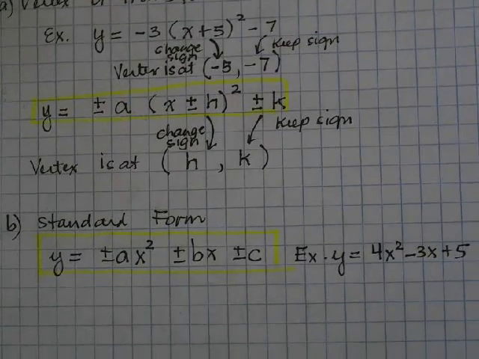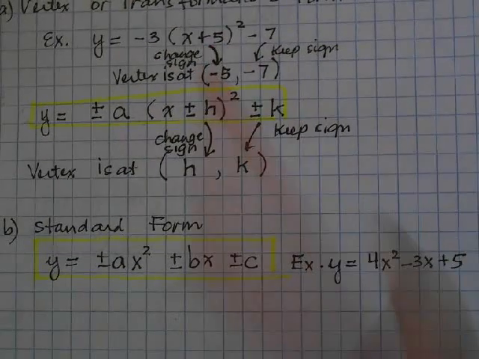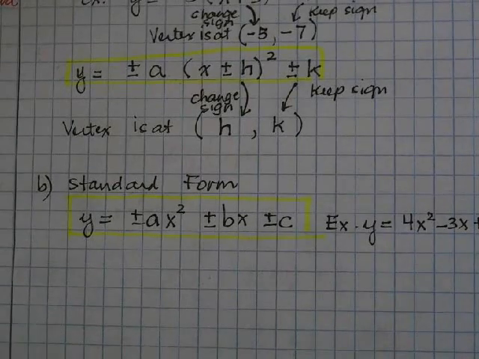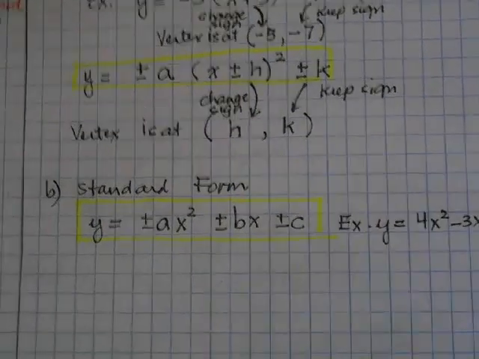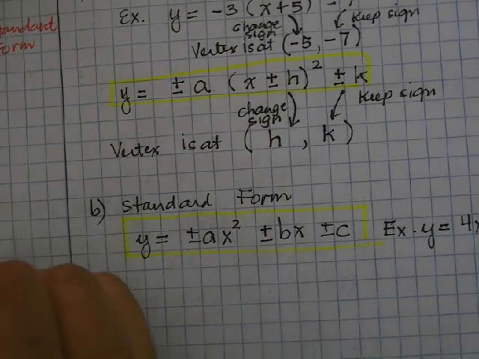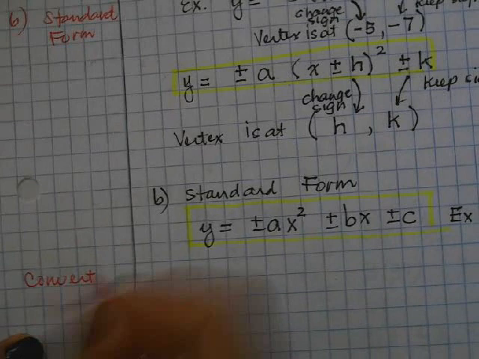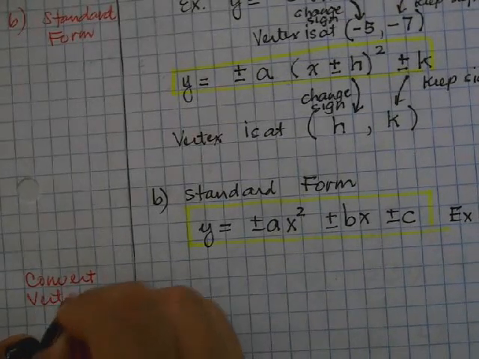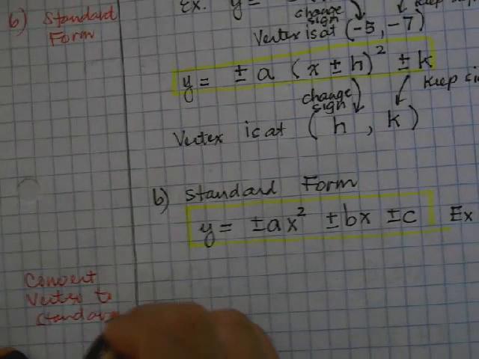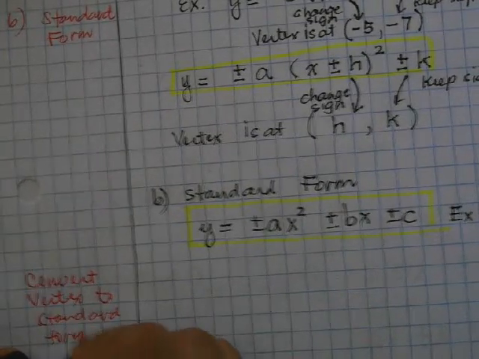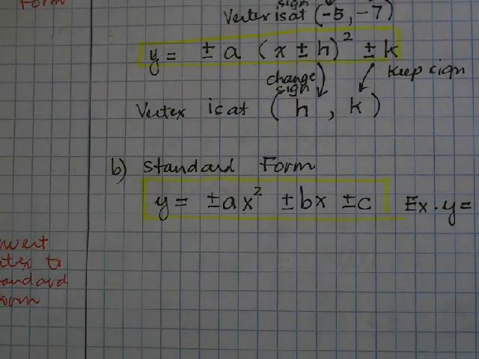Now I will teach you how to convert one to the other. Let's convert from vertex form to standard form. Listen, this is a series of steps, so I'm just going to teach this by an example.